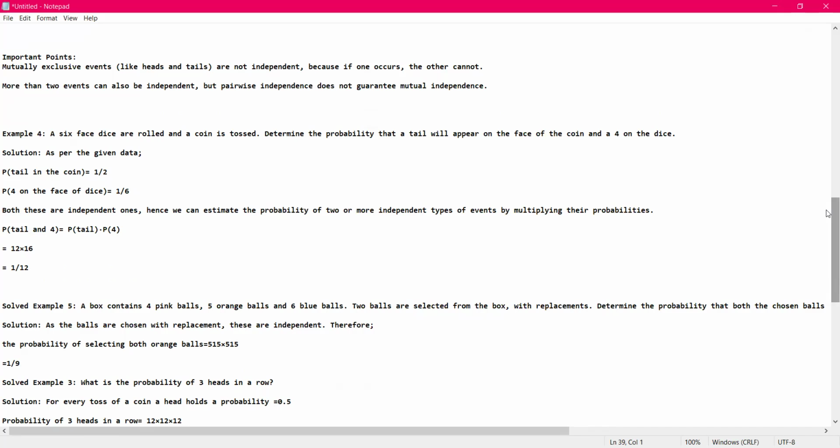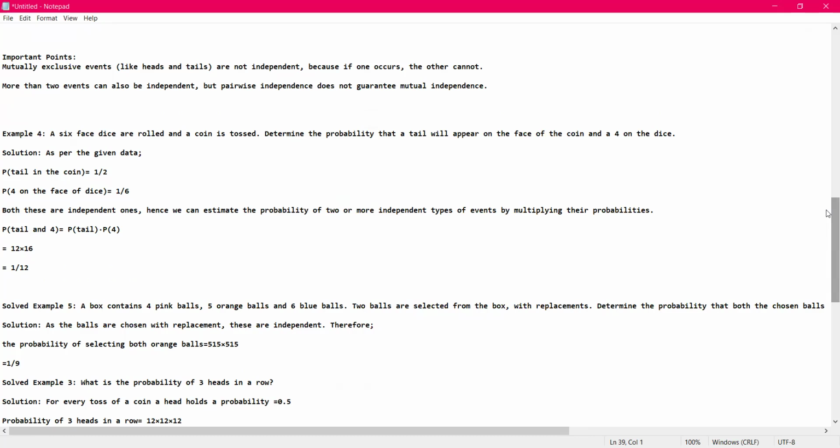So they are not independent, because if one event occurs, the other cannot occur. It means they are dependent on each other. So that's why they are not independent of each other.